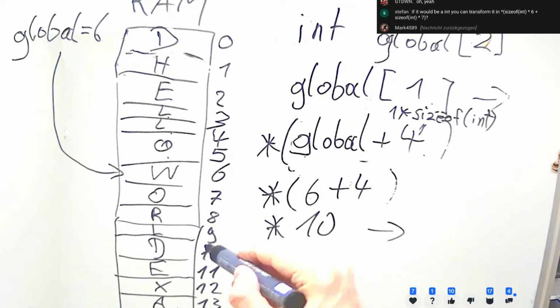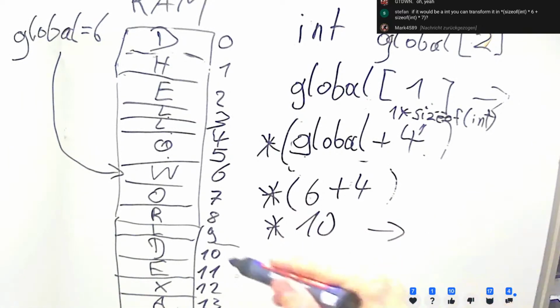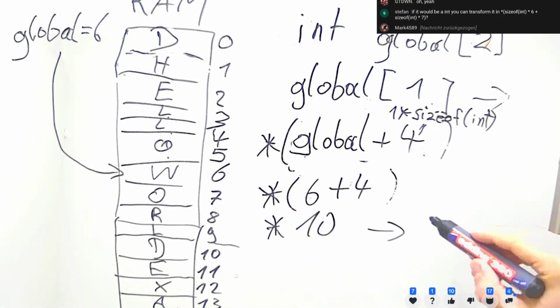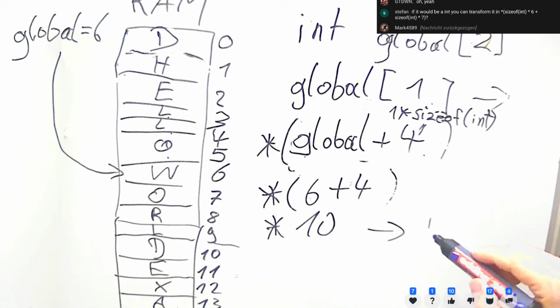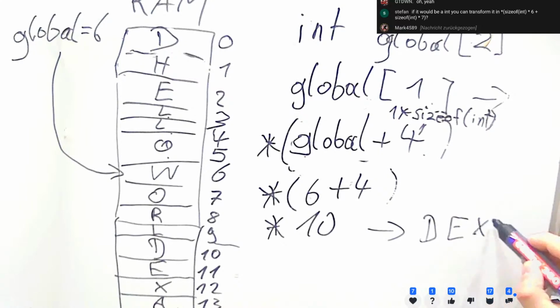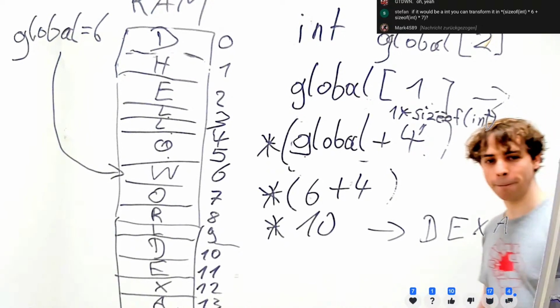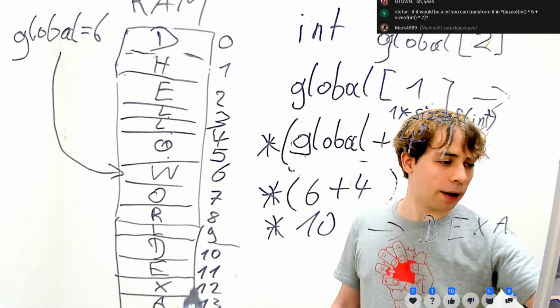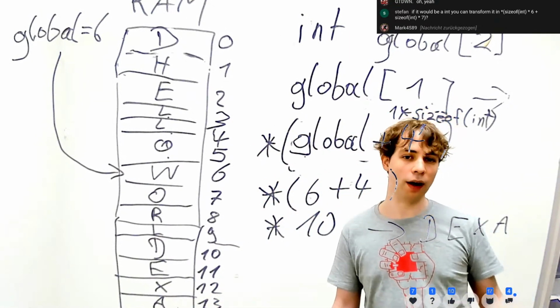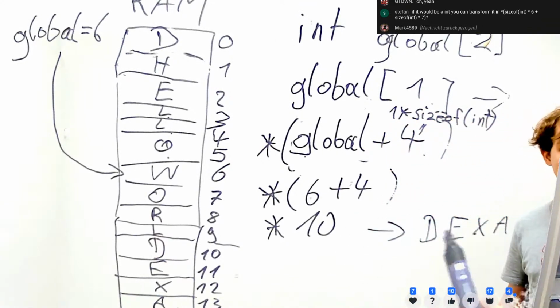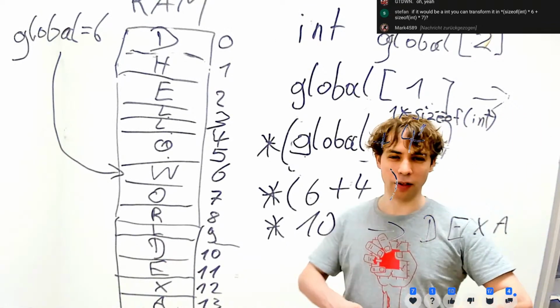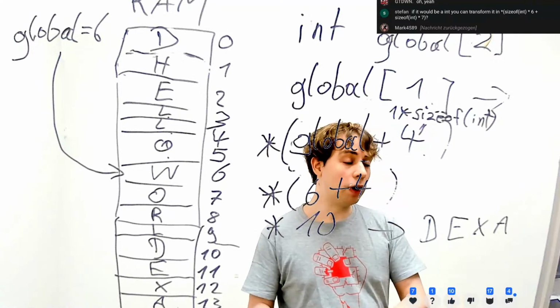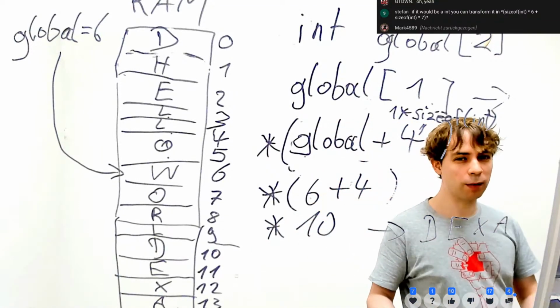Oh, now we have to be a bit careful because we have to read 4 bytes at once. So this would give us some representation of these characters D, E, X, A. I didn't talk too much about what these bytes represent, so I would have to be careful about what number exactly gets out there, because interpreting characters as integers is always a bit complicated.